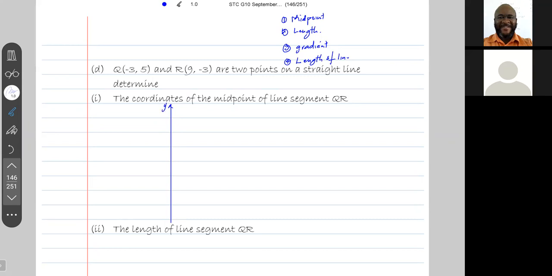Y. Minus 3, 5, and 9, minus 3. All right, so let's go here.